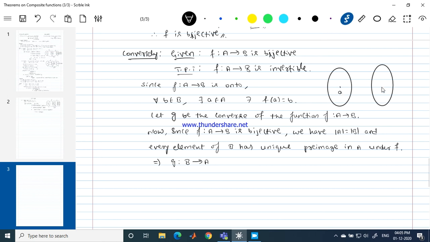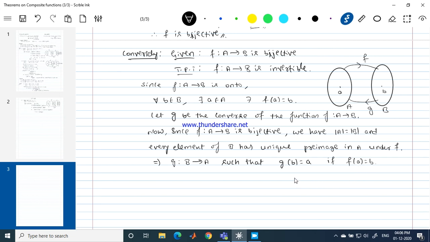So a is the element here, and b is the element present here. f is a function defined from A to B and g is the function defined from set B to set A. If the image of a is b under the function f, then the image of b is a under the function g. So this implies g is a function from B to A such that g of b is equal to a if f of a is equal to b.